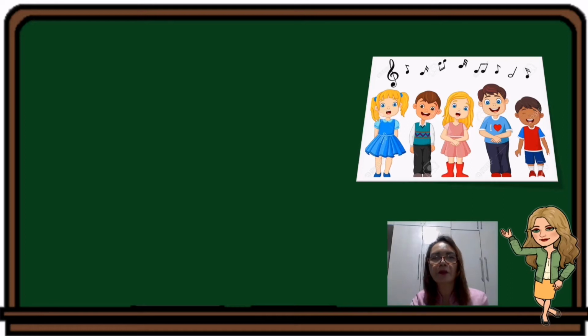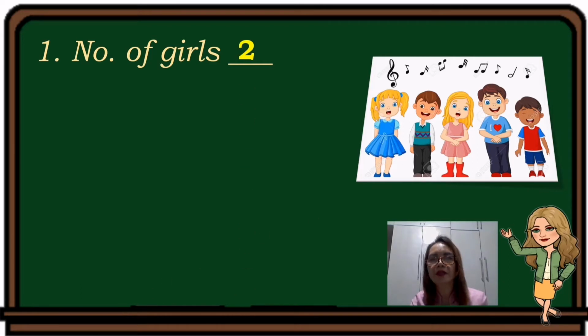We're going to compare the number of girls to the number of boys. Okay, so how many are girls? There are 2 girls. Okay? And how many are boys? We have 3. So there are 3 boys.